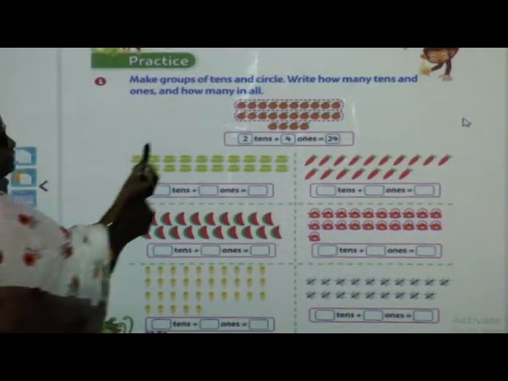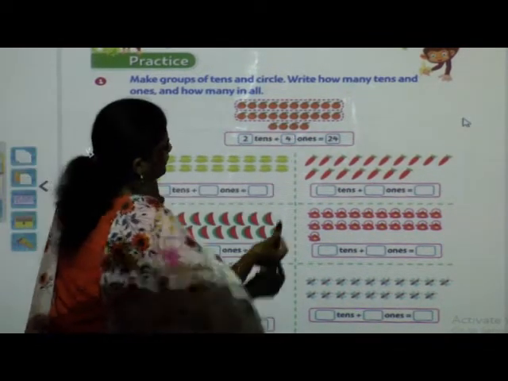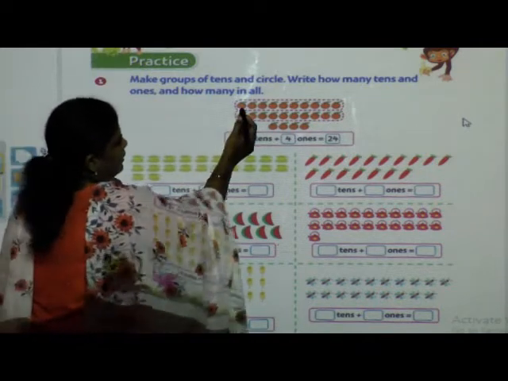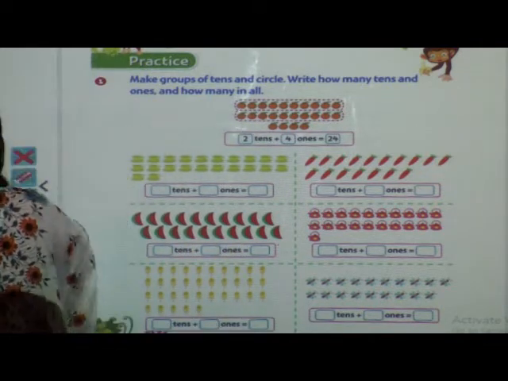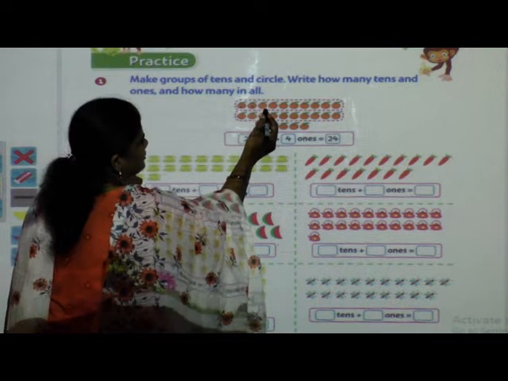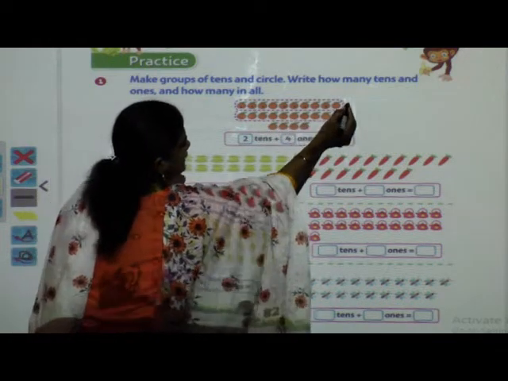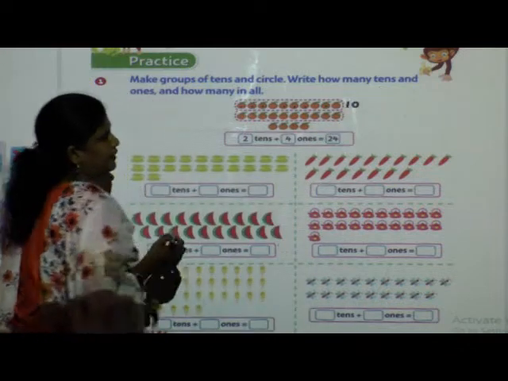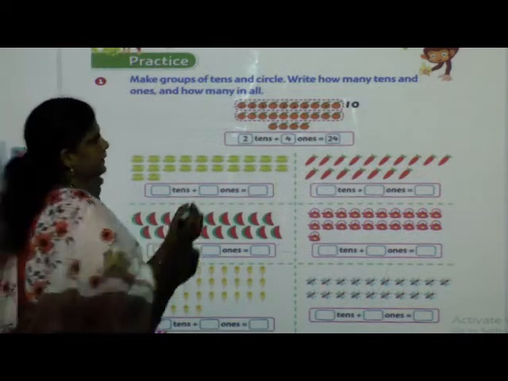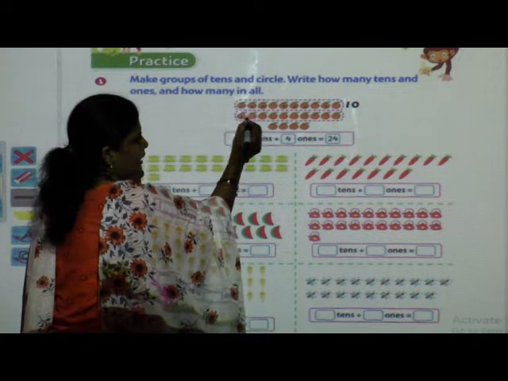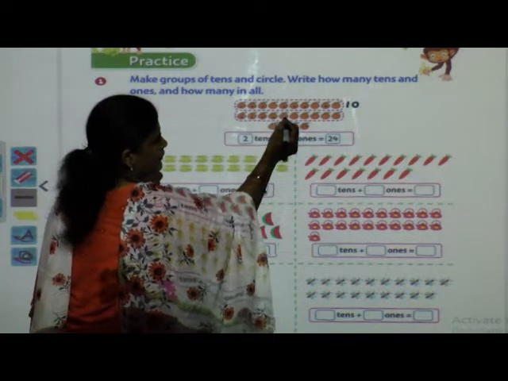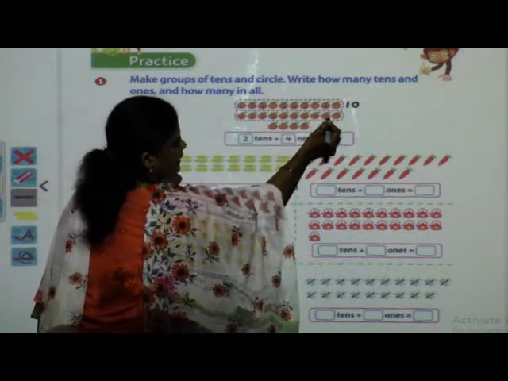See here they already have told us. What they have done, see. 1, 2, 3, 4, 5, 6, 7, 8, 9, 10. This is the bundle of 10. Means 1 ten. This is another one. 1, 2, 3, 4, 5, 6, 7, 8, 9, 10.